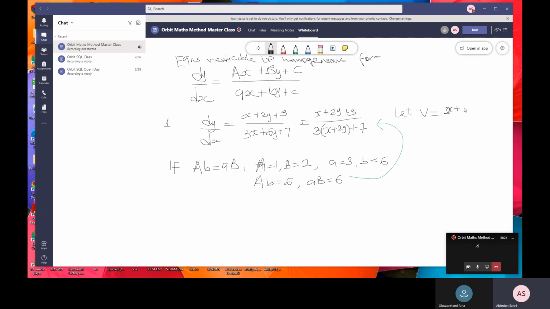Do you understand what I'm saying? If V is equals to x plus 2y, it means dv/dx will now be equals to 1 plus 2 dy/dx.